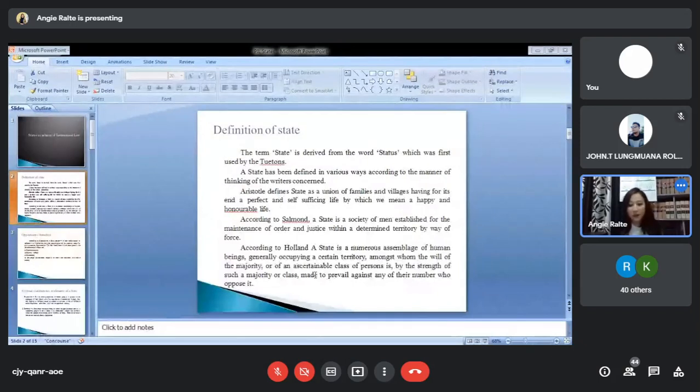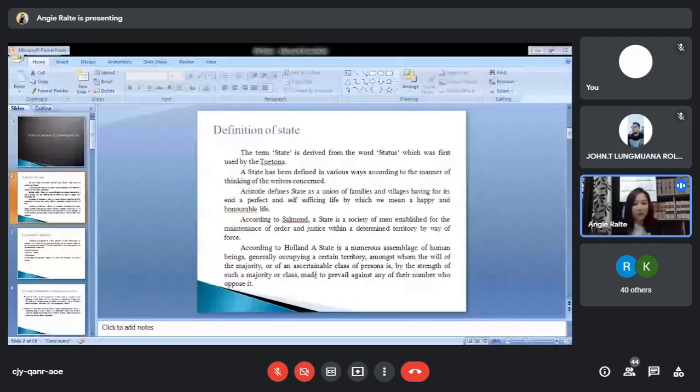People are living in a particular area, and those people are bound together by the tie of common subjection. That is the meaning of state according to international law.